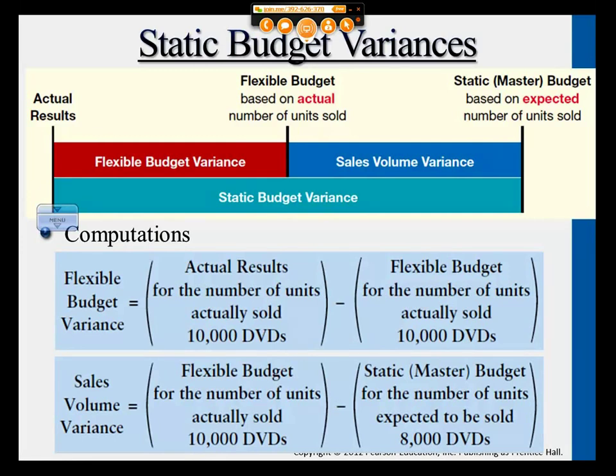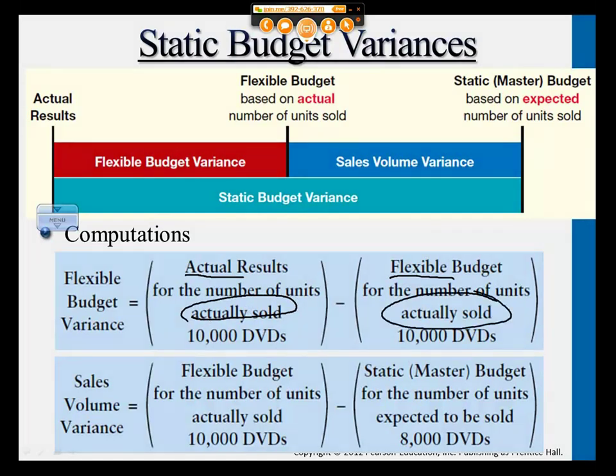So when I'm talking about the flexible budget variance, I want you to compare the actual results with the flexible budget for the number of units that are actually sold, right? So what is our flexible budget variance? It's our actual results minus flexible results for the actually sold. Pay attention to this.